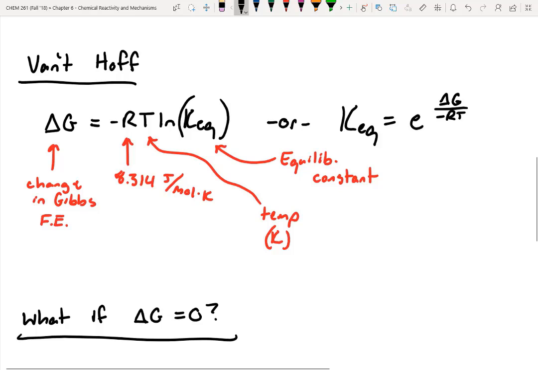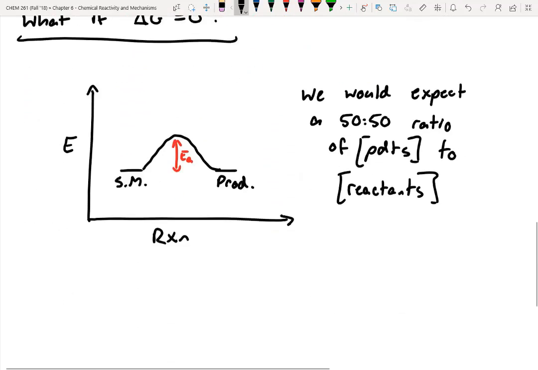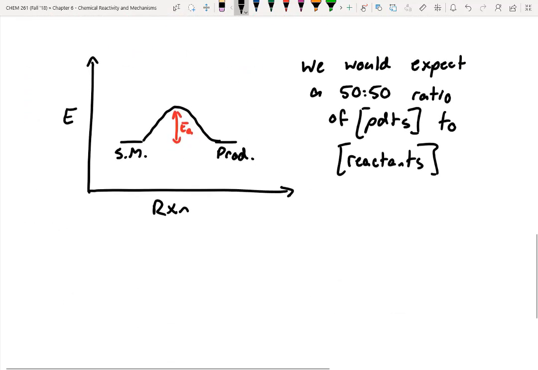All right, so now let's use this to figure out our KEQ for that reaction. So we said it's going to be e raised to the delta G over negative RT. So if we plug that into our calculator, it's going to be e raised to the 0 over negative RT, which is going to be equal to what? 1.